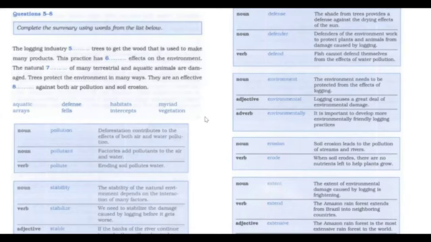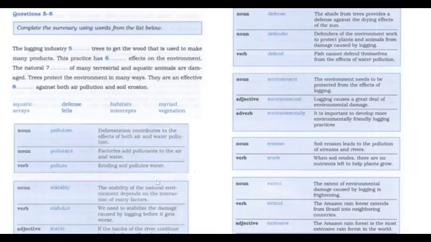No. Intercepts? To intercept is like to catch. Yes, Aidana, you're right, it's defense. As I mentioned earlier, defense may be a verb, but it can also be a noun. Defense means protection, and to defend means to protect. Defense against both air pollution and soil erosion.